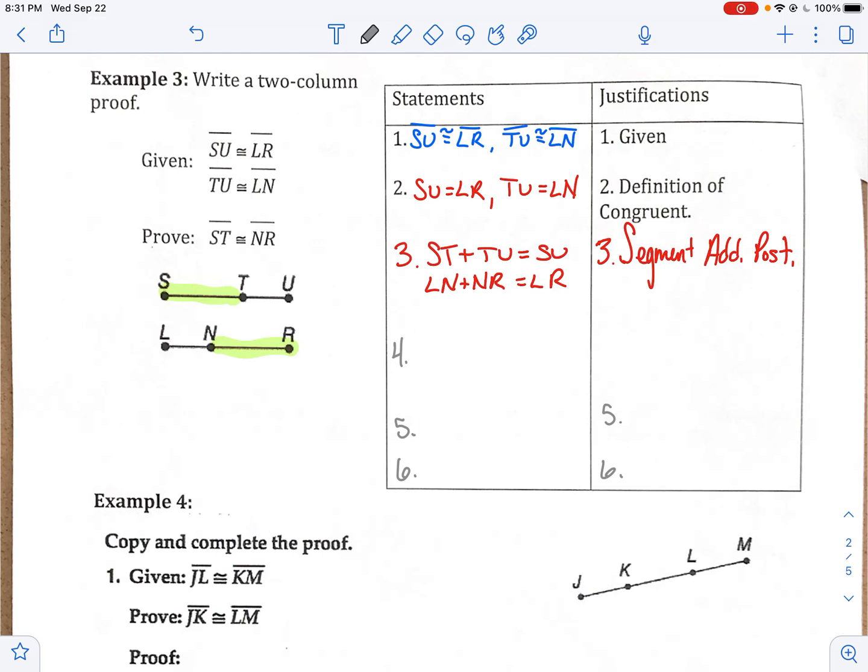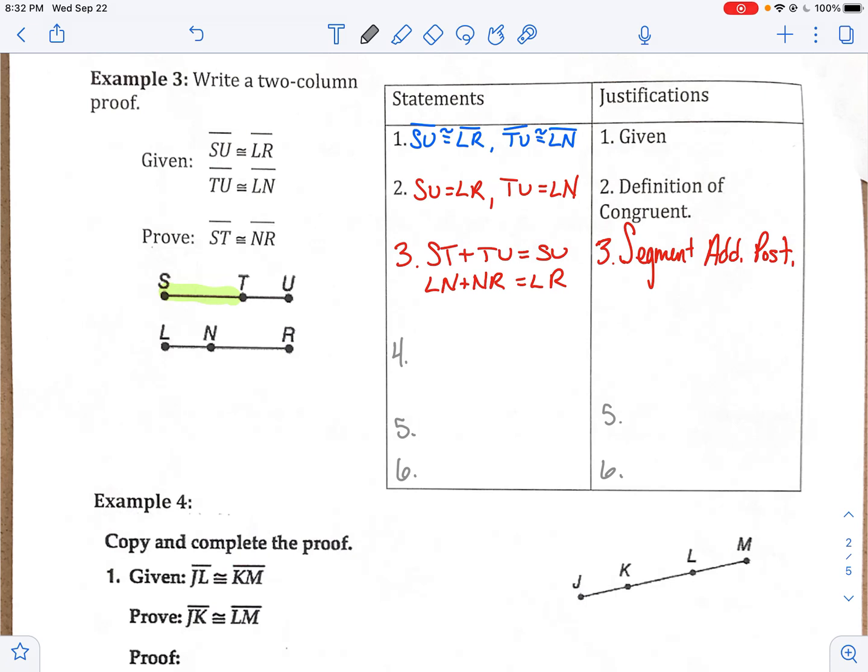So if you check the next step on our algorithm, I want to go back and use anything that I haven't used yet from my above steps. So I've already used both of these. I said by the definition of congruence, they're equal. But I haven't used these facts yet.